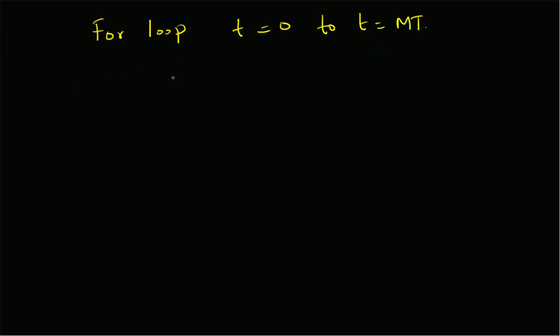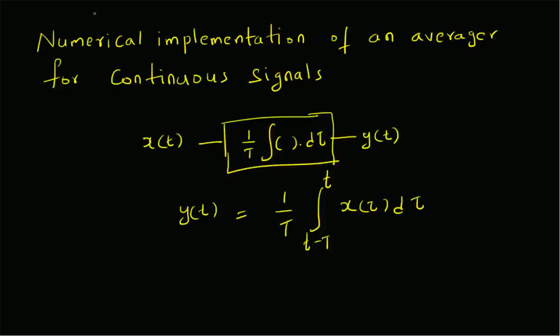The key point here is to extract the time vectors and the signal vectors corresponding to t minus T to t. Recall from the original definition of the averager, y of t is equal to 1 by T integration from t minus capital T to t of x of tau d tau.